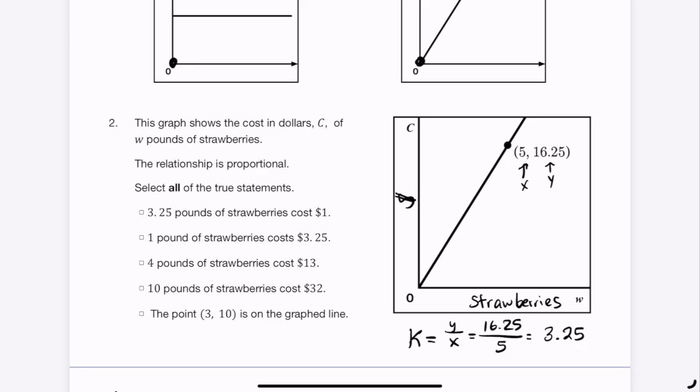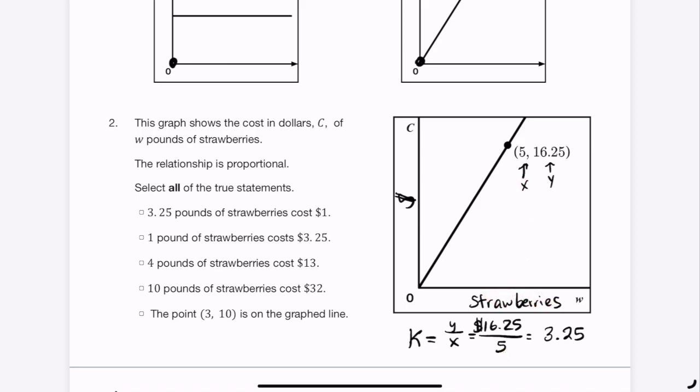If we think about that in context, we were taking $16.25, which was the y, so this was my cost. This y is from the y-axis, which has to do with cost, so that's the money. And 5 represented the 5 pounds of strawberries.